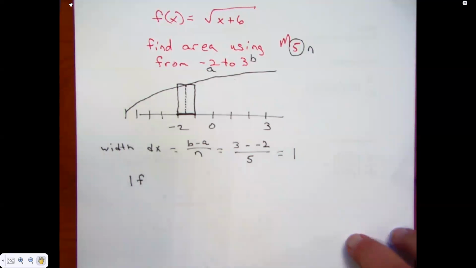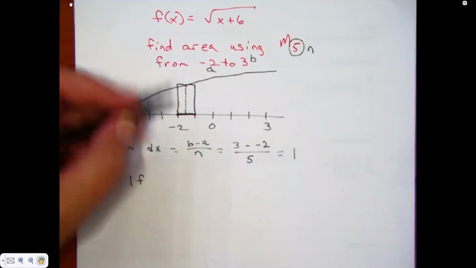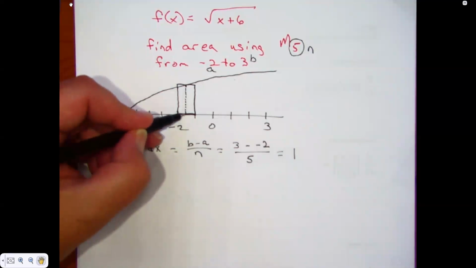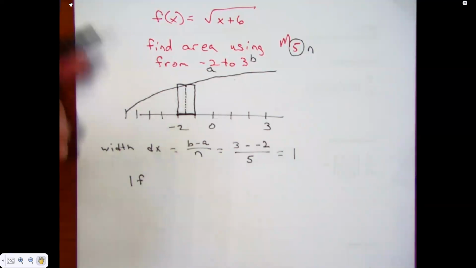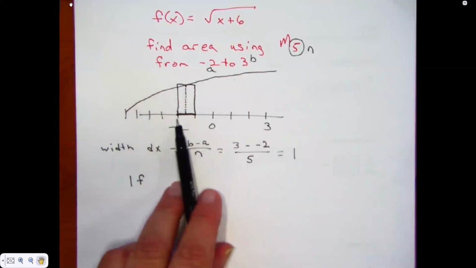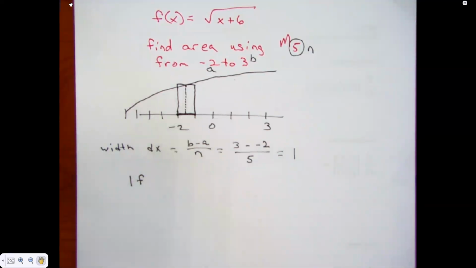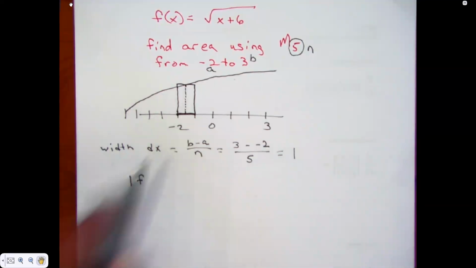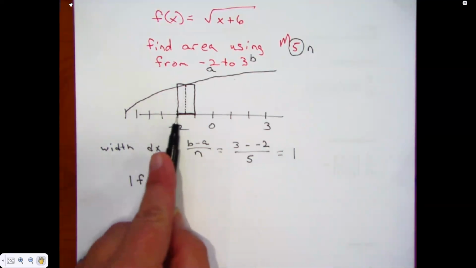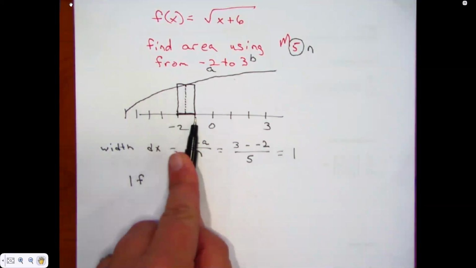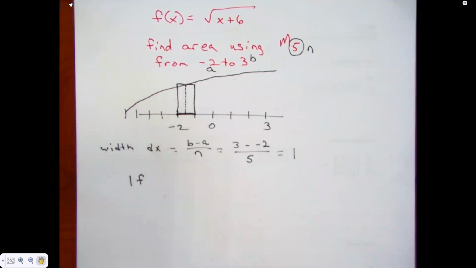I'm going to get my height from the y, but how do I figure out where I'm at? You simply average them together: -2 plus -1 divided by 2. Or some of you might just say, hey, I know what's halfway between -2 and -1. Yeah, -3 halves, -1.5.